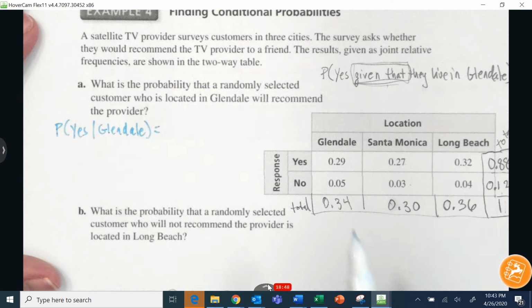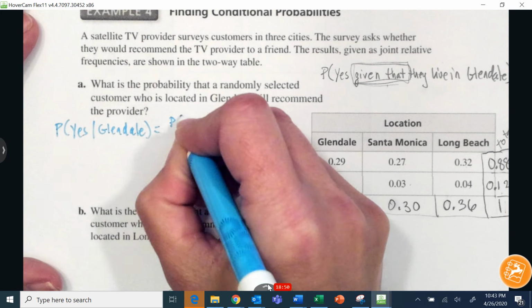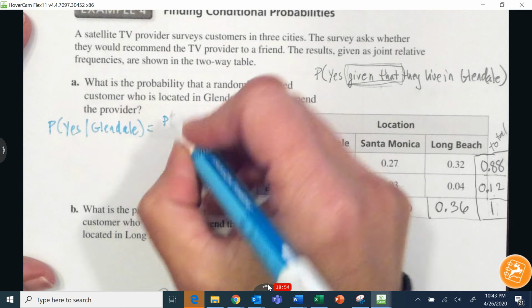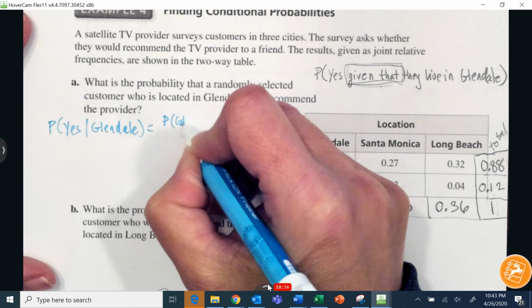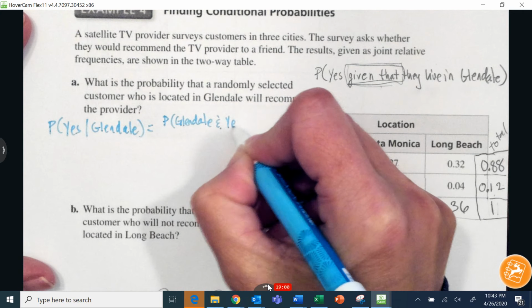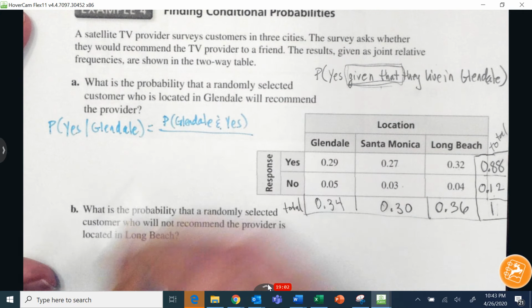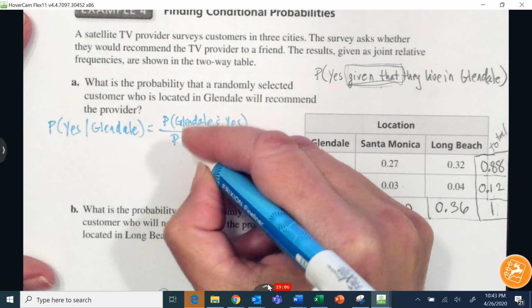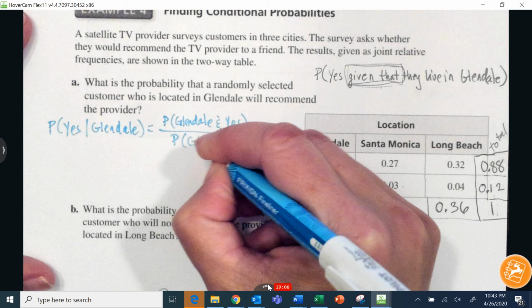So to do that, we are going to find the probability in this table here. We're going to find the probability that we have the Glendale and we have the yeses, and we're going to divide that by the total, which is going to be the probability of Glendale.